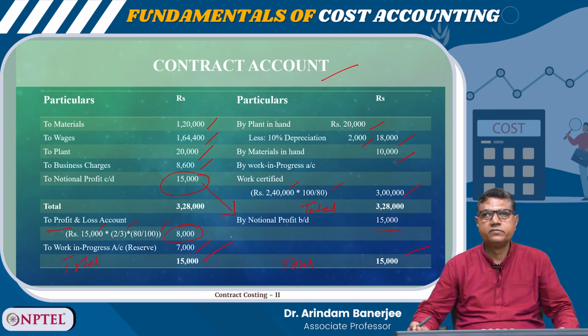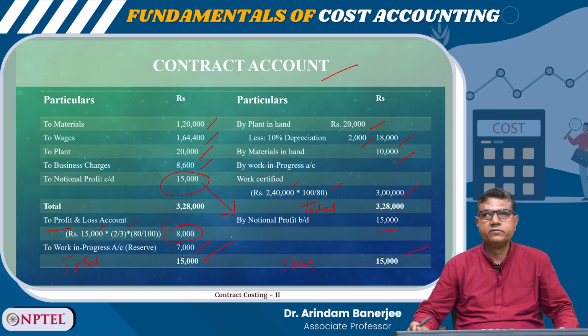Work certified is 1,90,000 and work uncertified is 7,700. Now, if we add the right hand side, the total is coming at 2,73,300. So, this is my total, right. The total should be equal on both sides. So, this is my total here.